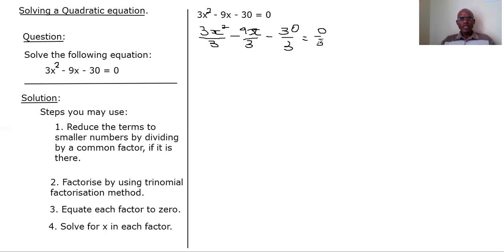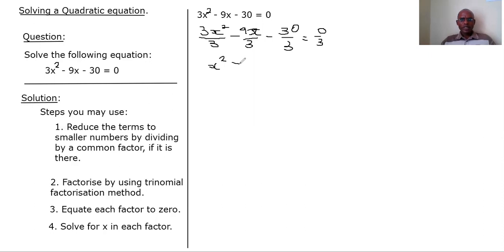So I divide each term by 3. When I divide by a common factor 3, I'm just trying to make sure that I use simple numbers which are smaller. So 3 divided by 3, then we're going to have x, which means we'll remain with x squared.